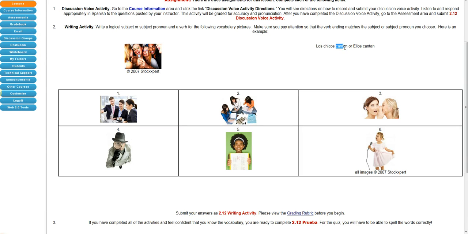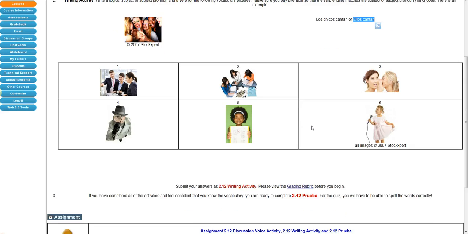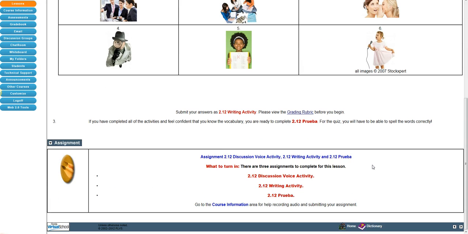And then you're taking the verb cantar, to sing, and you're conjugating it, and you're adding the ending that matches ellos or los chicos. It's the same. So you could say either los chicos cantan or ellos cantan. Okay, if you're not sure how to conjugate verbs, again, go back to the 2.11 lesson and or videos. Okay, so go ahead and look at those sort of things.